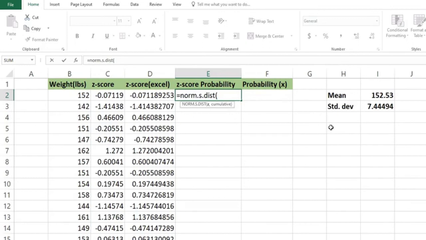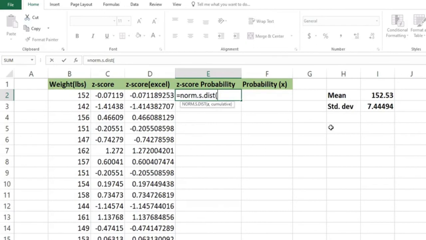It assumes that. Once you have a z-score, the z-score is always in the form of a standard normal distribution, with 0 as the mean and 1 as the standard deviation.